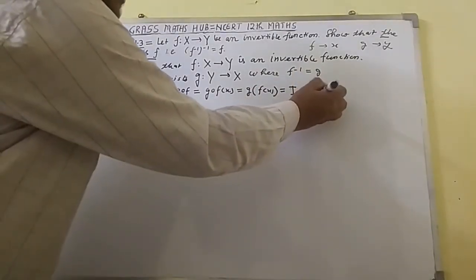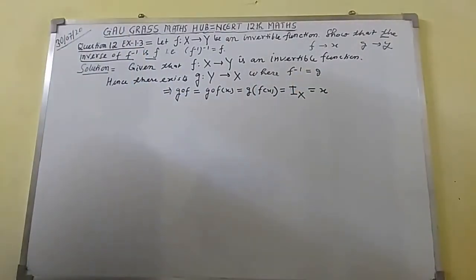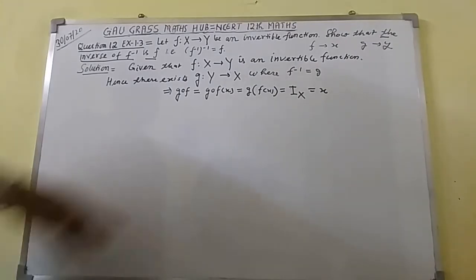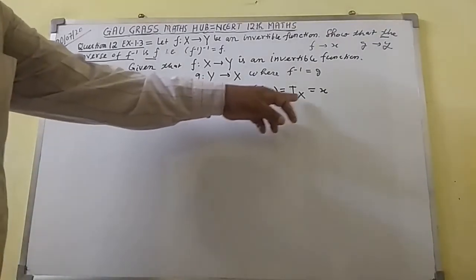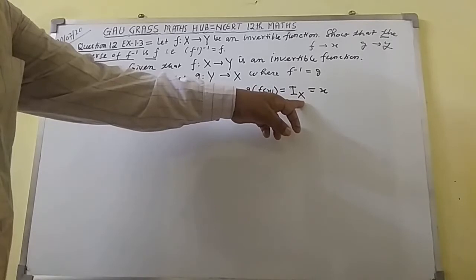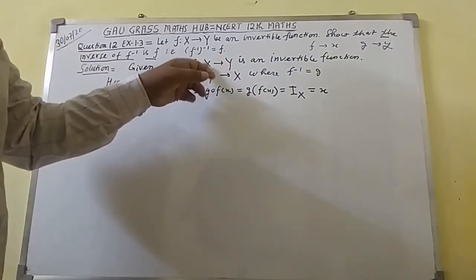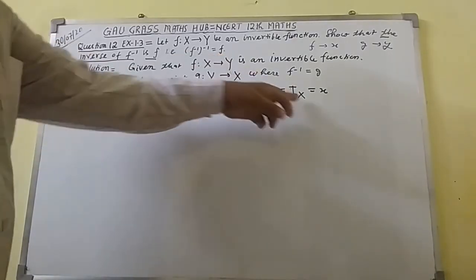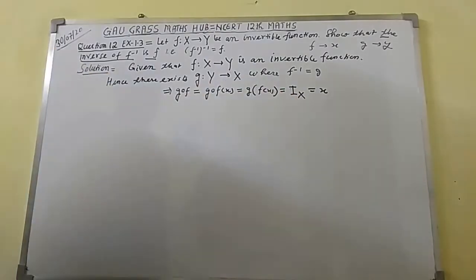You can write small x here. So this is the identity function on the domain; X is the domain.